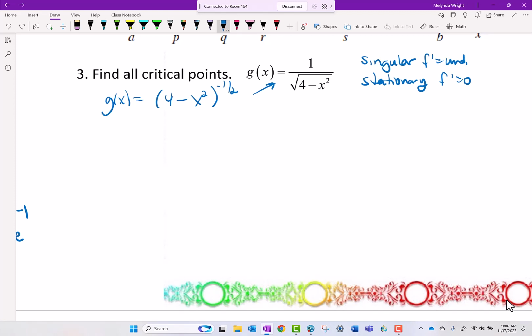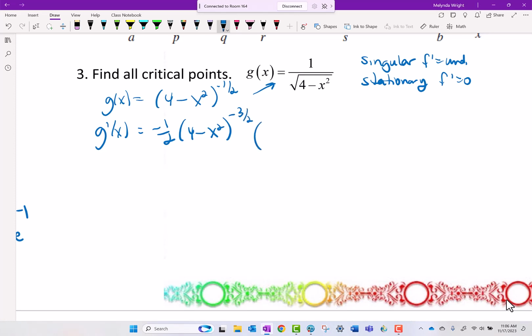Now, instead of using quotient rule, which would require the chain rule inside of it, I can just use the chain rule, right? Let's just do our derivatives. I would bring the -1/2 down, copy what's inside, and subtract 1 from -1/2. -1/2 minus 2/2 is -3/2.